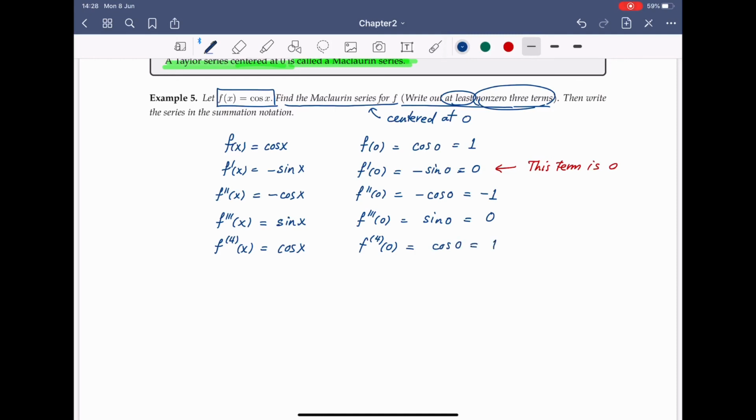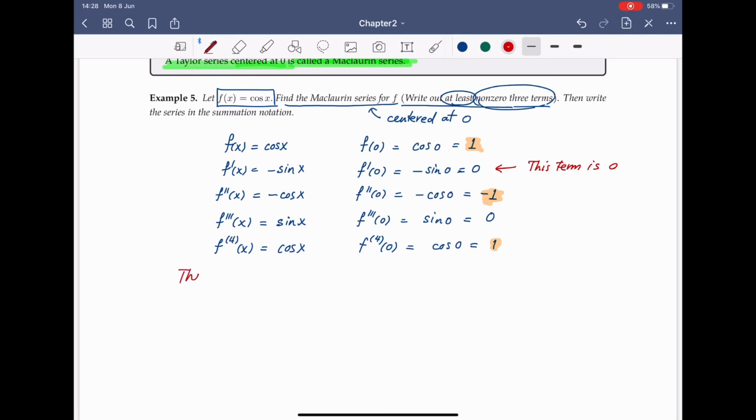Alright, we now have three non-zero terms, so we're ready to plug into the formula and get the Taylor series centered at 0, in other words the Maclaurin series.